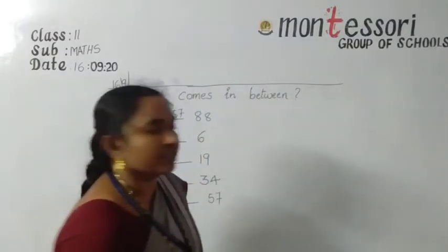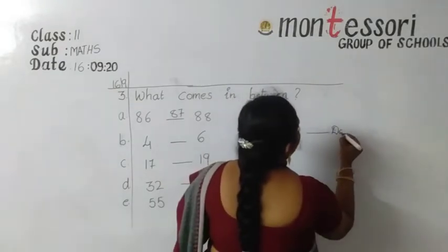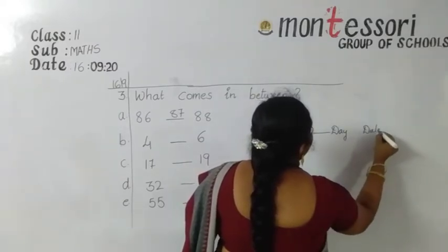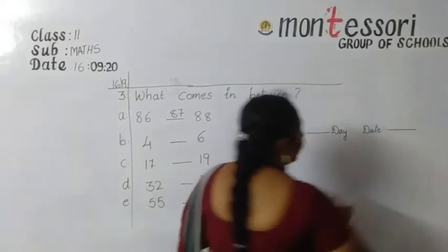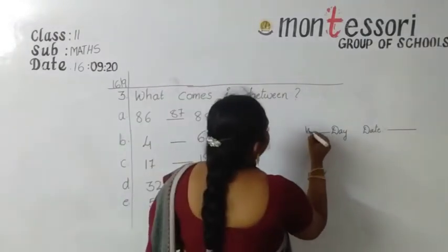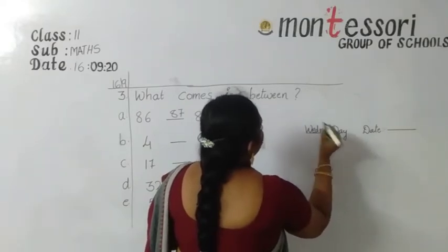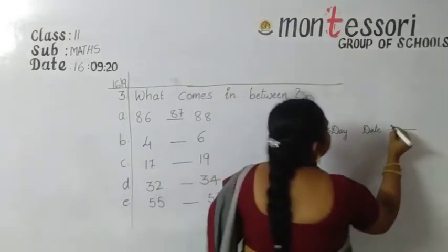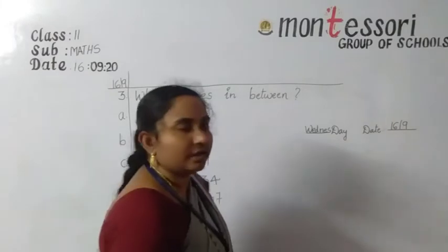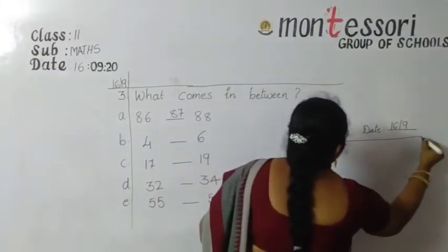Take your diary, write the day, Wednesday, date 16/9.